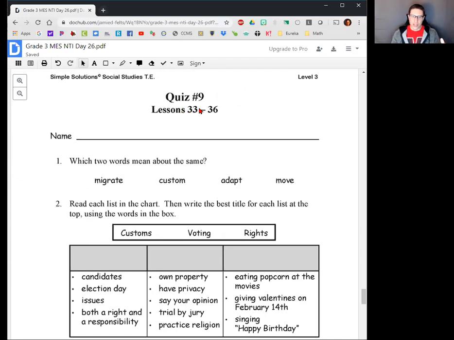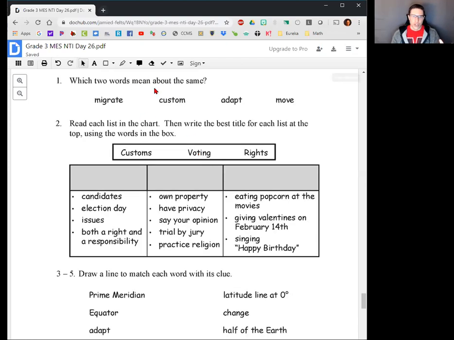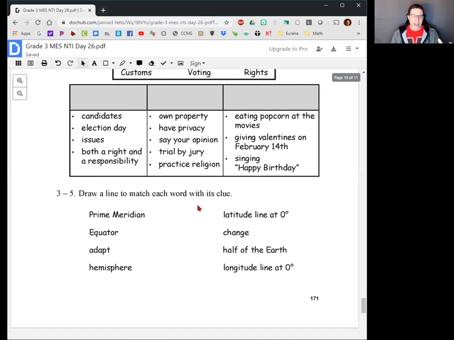Notice it goes for lessons 33 through 36, so you may have to refer back to some of those lessons. 2 words that mean the same, so circle 2 there. You've got 3 blank boxes here to put these 3 words in. Does this bulleted list describe this one or this one or this one? So you'll put one of them here, one of them here, one of them here, and some other matching here.